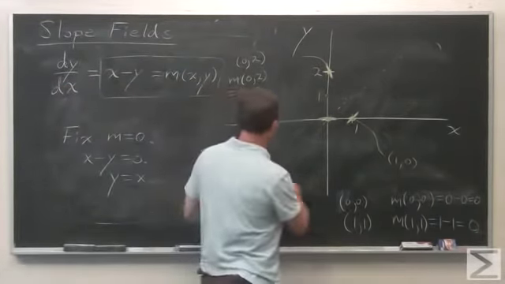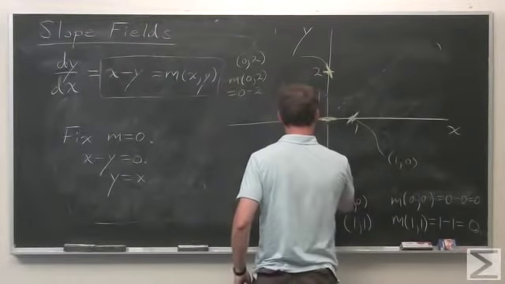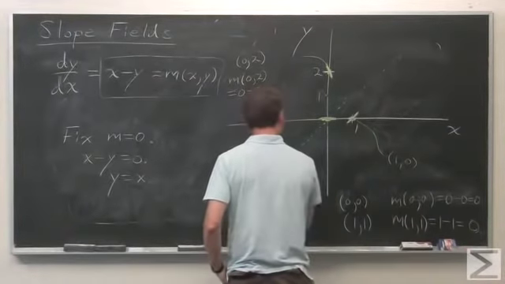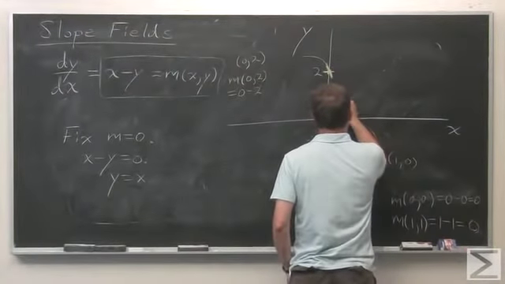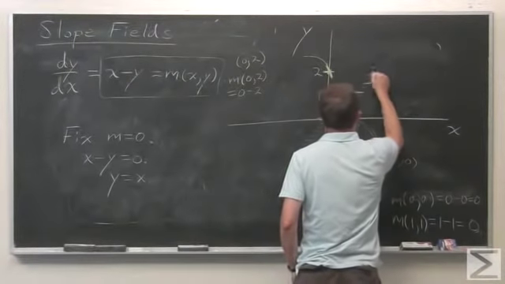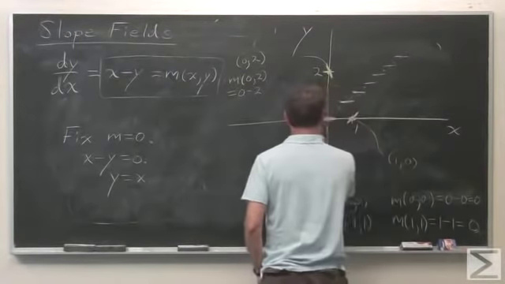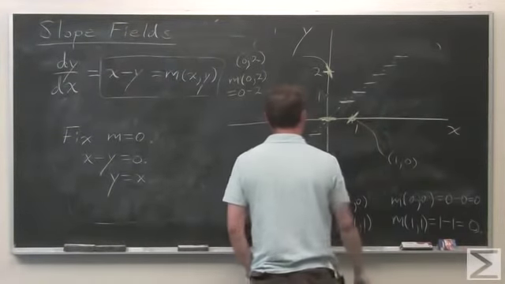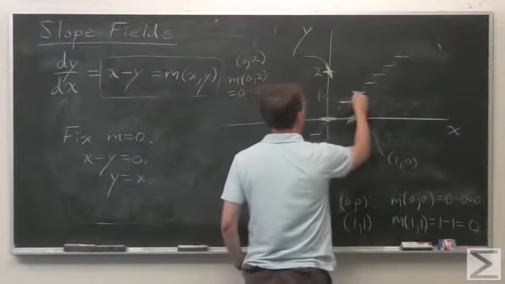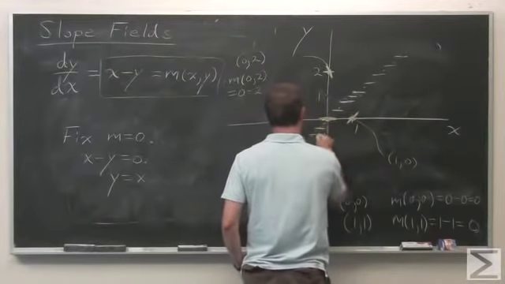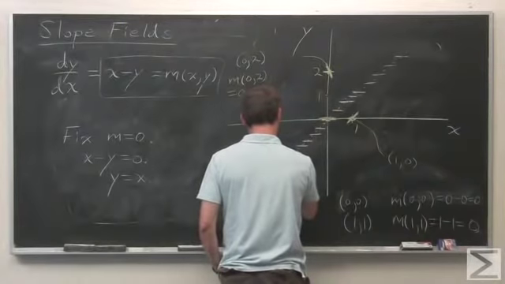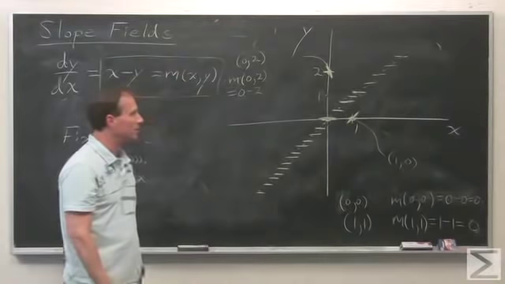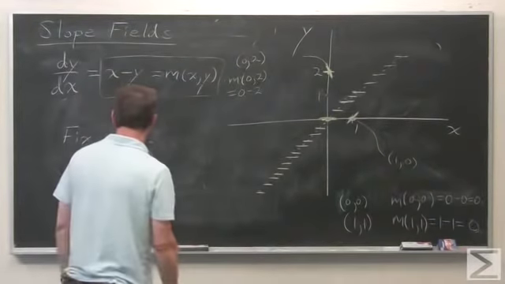So you draw this line where all the slopes are 0, and then you just draw along that line a whole bunch of little line segments with slope 0. Great. That included our point (1, 1). Of course, you can't draw a line segment everywhere, which is why when you're sketching solutions, you have to estimate in between the points where you have line segments.